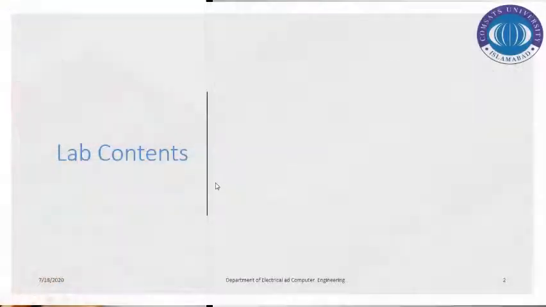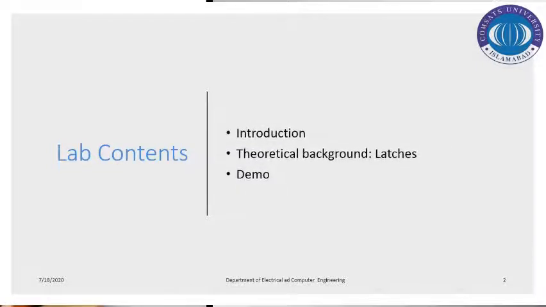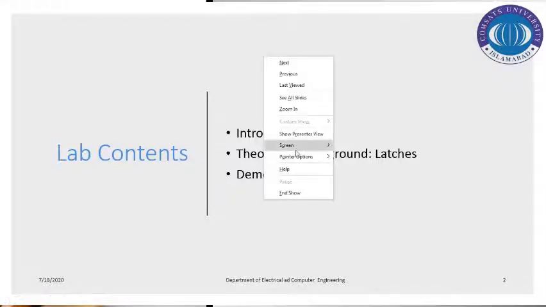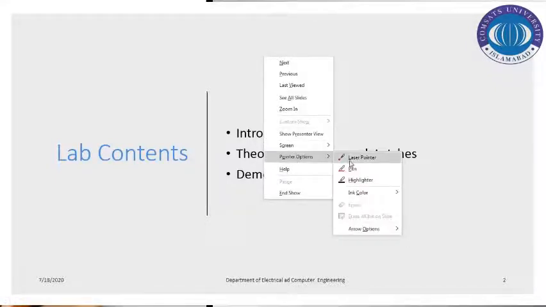So let us first see the content which we will be covering in today's lab session. First of all, we will have some introduction of the sequential circuits. Then, in our previous lab we discussed latches, and in this lab we will be discussing flip-flops basically. So this is the change as far as the previous lab implementation is concerned.